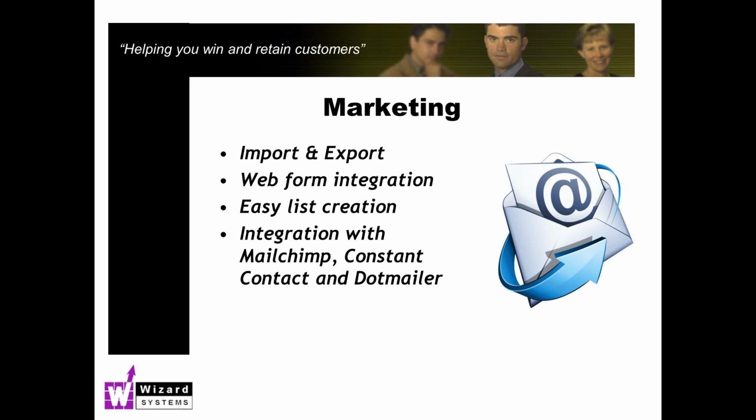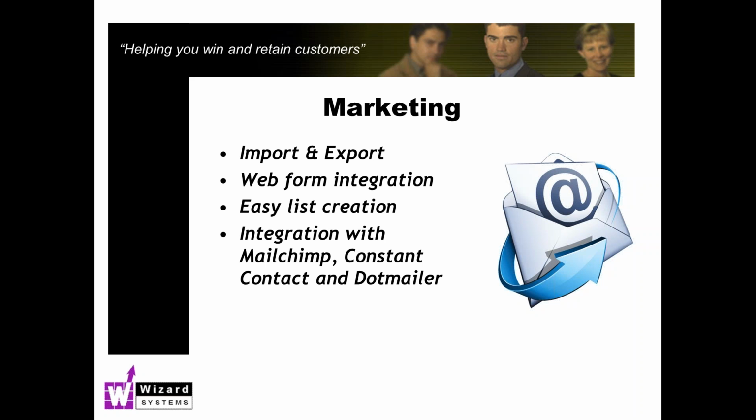Basically, with this integration, the list that you create is uploaded automatically to MailChimp, so there's no need to export data from Workbooks and import it into MailChimp. MailChimp will then allow you to create your nice looking email.